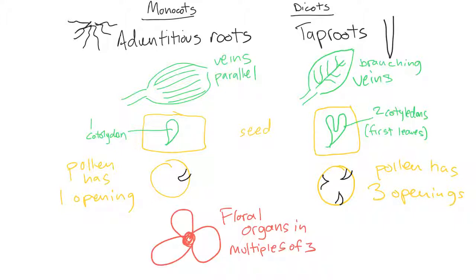Okay, but in dicots, they're going to have the floral organs in multiples of 4 or 5. Or 8 or 10. If it has 12, then you don't know. It would be either. But usually they don't have 12. 12 petals is a lot. Usually 3, 4, or 5. 3 is monocots, 4 or 5 is dicots.